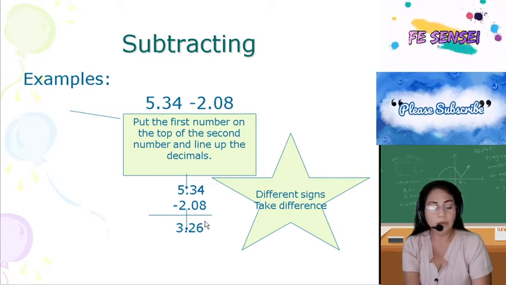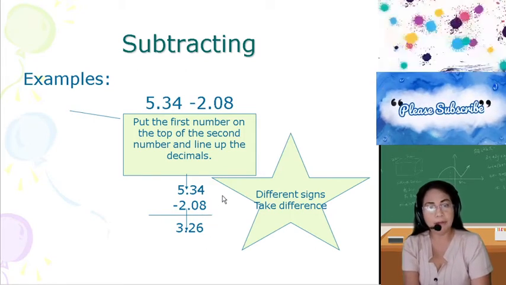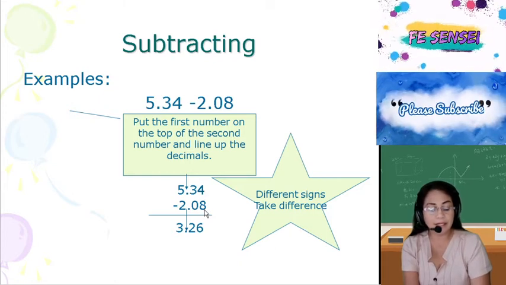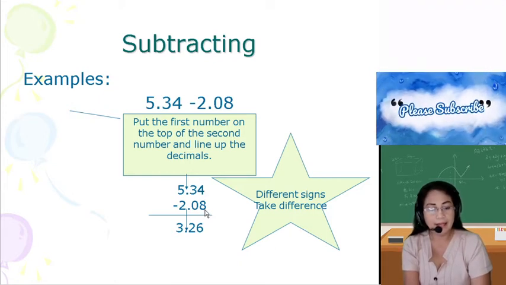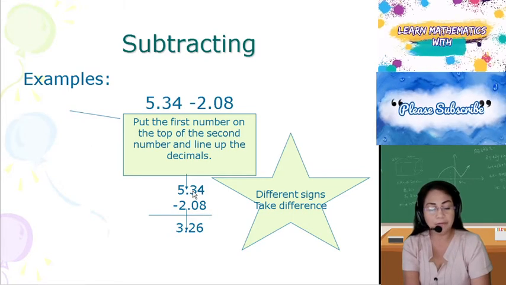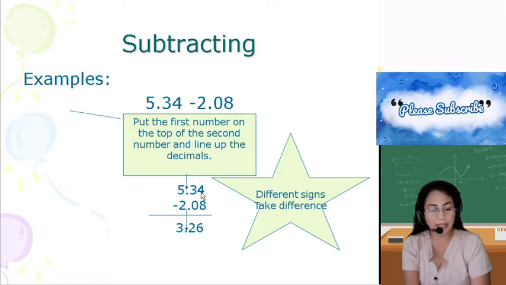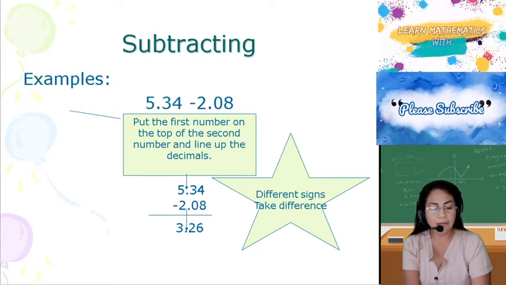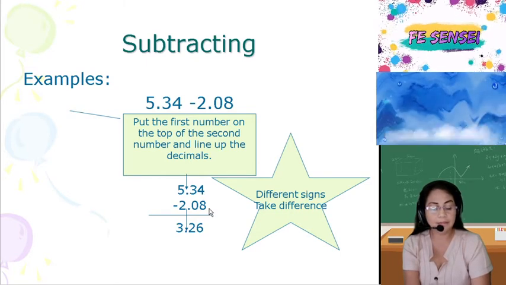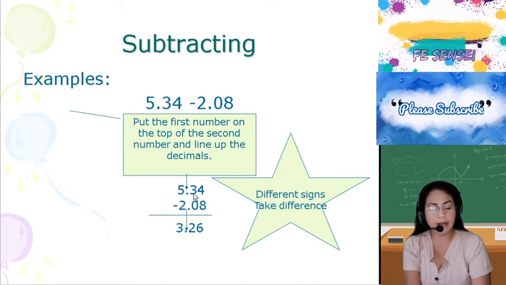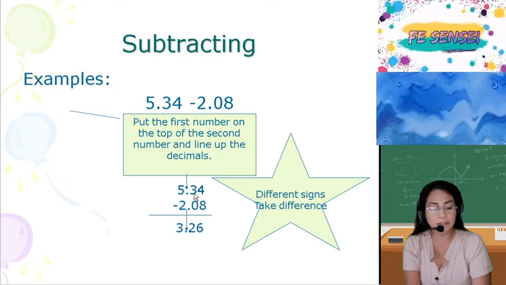Okay, so then again it's from right to left. 4 minus 8 cannot be. So we have to borrow from 3, so 4 becomes 14. 14 minus 8 equals 6. Then 3 becomes 2.